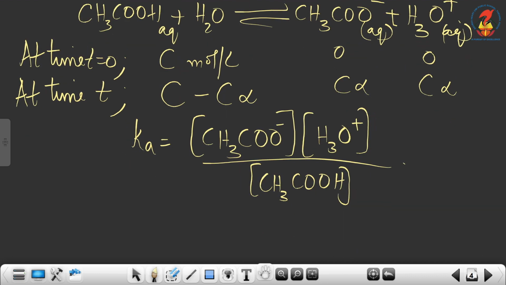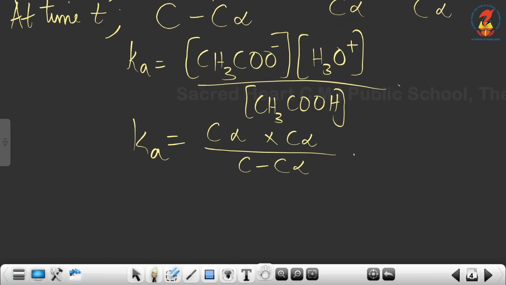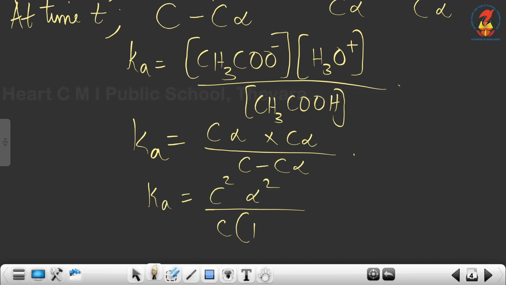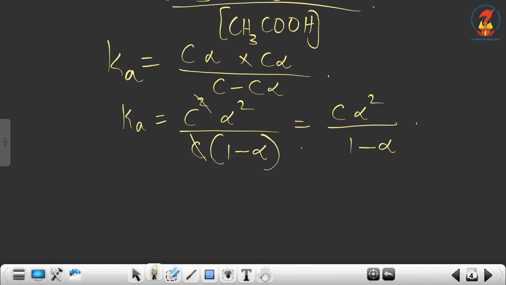Now substituting the equilibrium concentrations at time t, we have Ka is equal to C alpha into C alpha divided by C minus C alpha, or you can write Ka is equal to C square alpha square divided by C into 1 minus alpha, or we get the expression as C alpha square divided by 1 minus alpha.